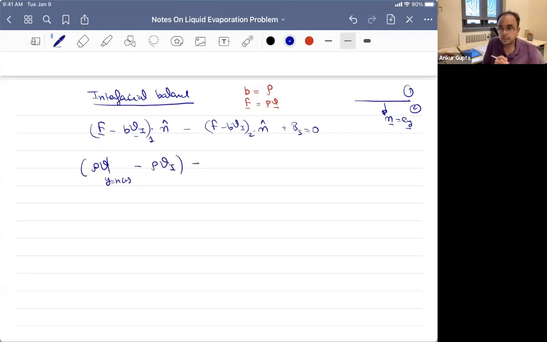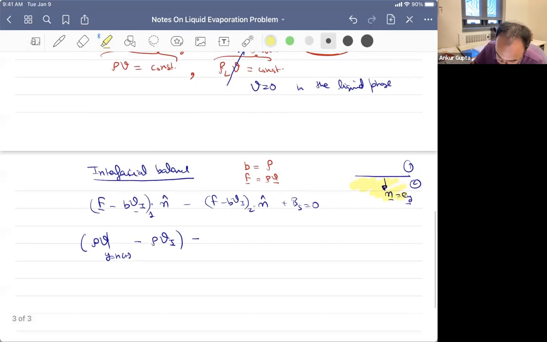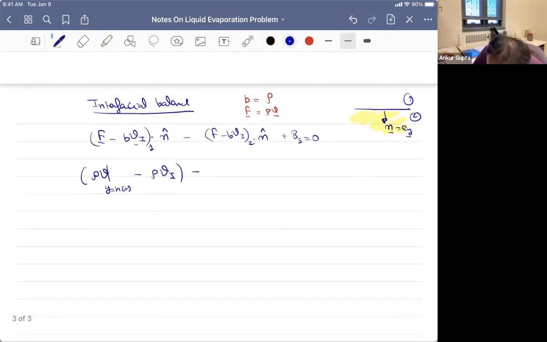Then minus, now I will do ρ_L in the second phase, the liquid phase. So ρ_L times v, and the velocity is 0 in the liquid phase, as we have discussed. So that goes away. But I will have some velocity of the interface, so I get plus ρ_L v_I, and there is no B_s, so we get this equal to 0. Why am I doing this?